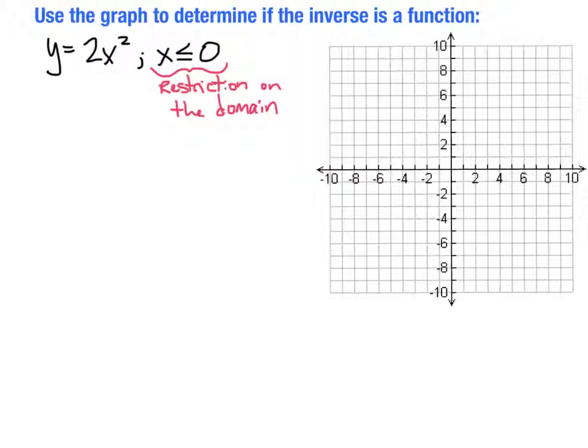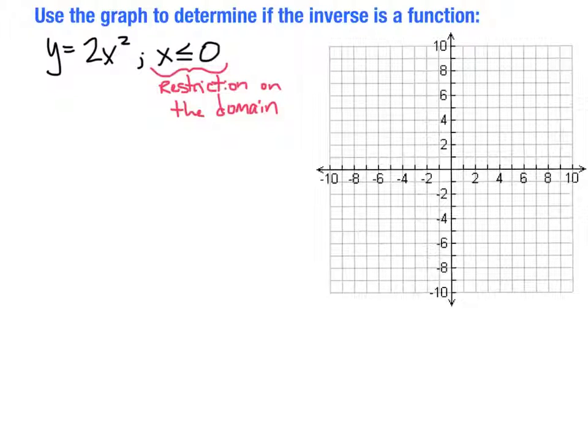That means I only care about the x's that are less than or equal to 0. So normally whenever I would graph this, there's so many different ways I could go about this. I could figure out where the vertex is by doing opposite of b over 2a, but that's mostly for standard form. If I'm just looking at this, I'm going to think, okay, this is almost the parent function of just x squared, and it's been stretched by 2.